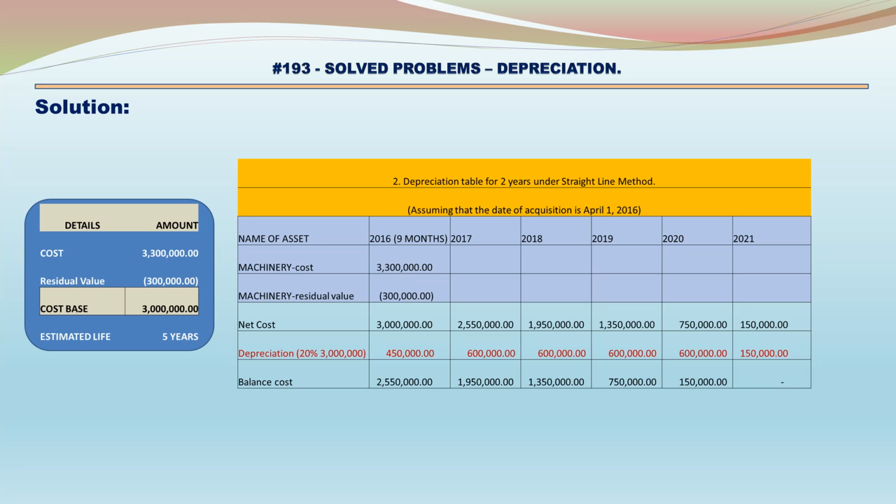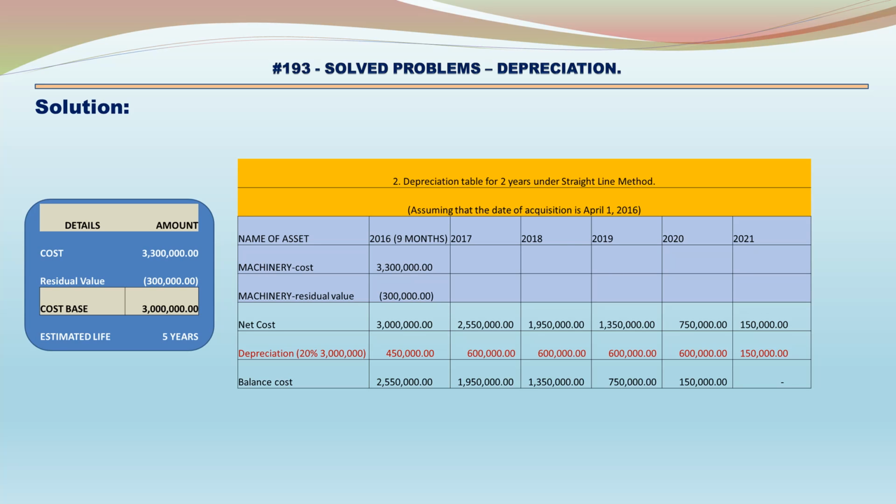2017 2,550,000 less depreciation 600,000. Net cost 1,950,000. 2018 beginning balance 1,950,000 less depreciation 600,000. Net cost balance cost 1,350,000. 2019 beginning balance 1,350,000 less depreciation 600,000.